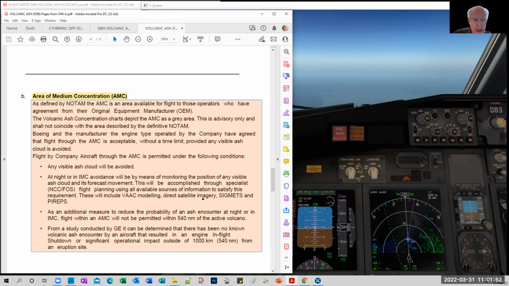This will be accomplished through specialist NCC's FOSs. Flight planning using all available sources of information to satisfy this requirement. These will include VAC modeling, direct satellite imagery, if you have it available through your company, SIGMETs and PIREPs.